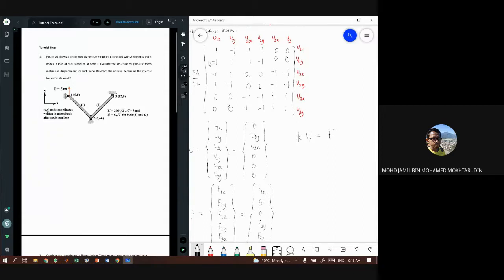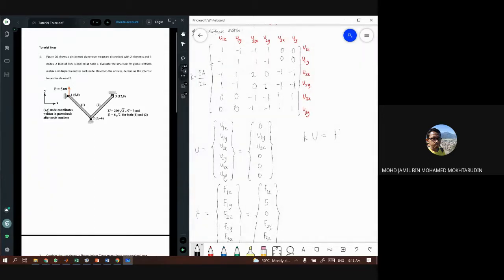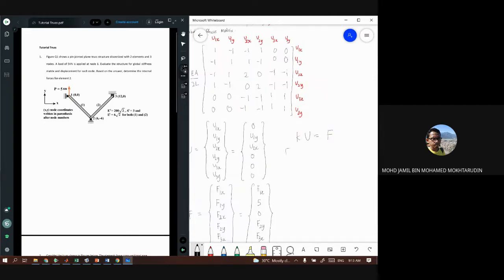If you look at the stiffness matrix K, the second row multiplied by U, you get minus 1 times 0, 1 times U1y, 1 times U2x, minus 1 times 0, 0 times 0, and 0 times 0.